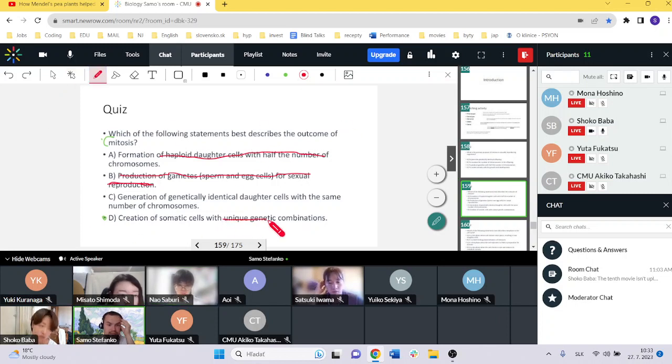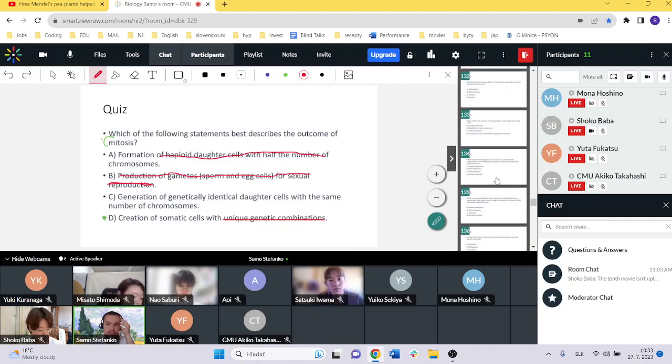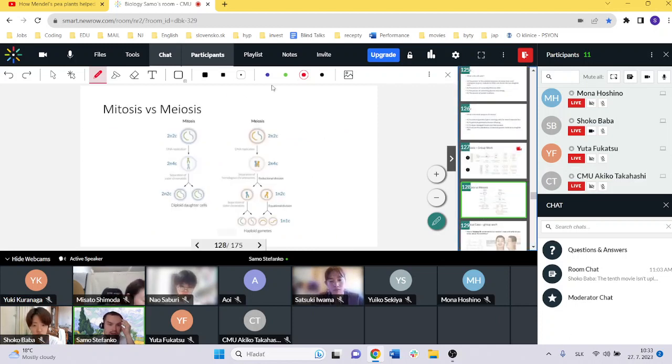Unique genetic combinations. Because the outcome of mitosis is two identical cells, there are no differences. However, in meiosis we have four haploid and different cells.